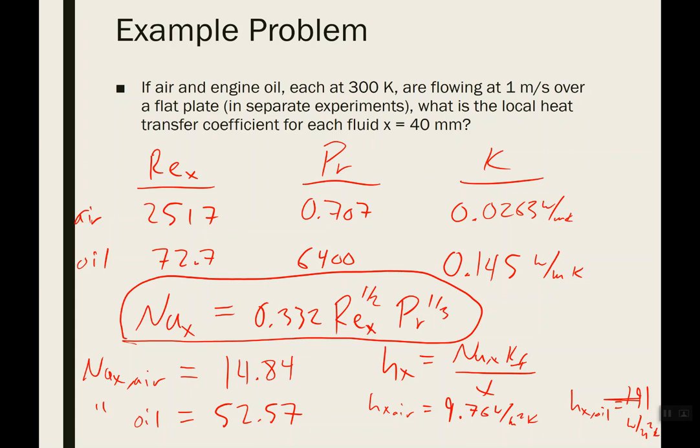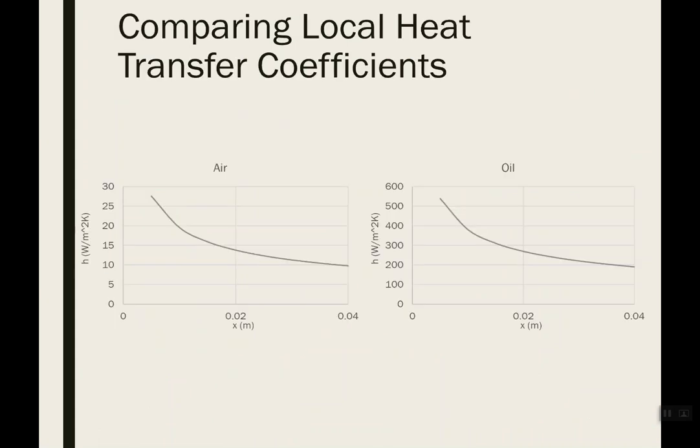We plugged in this equation, and that gave us our Nusselt number, and then we back solved for h, just like in that procedure. When we mapped out the local heat transfer coefficients of air versus oil, other things come into play here. It's not just the Prandtl number, but a bunch of other factors like thermal conductivity. So we see that the oil still has a much higher local heat transfer coefficient across the board than air. But notice how h varies with distance down the plate.